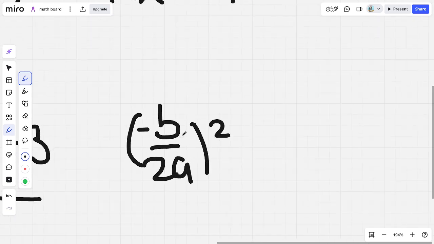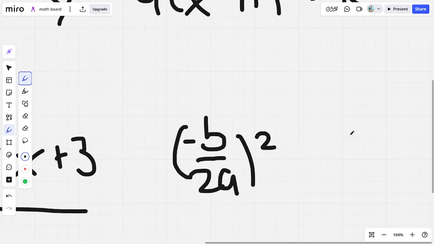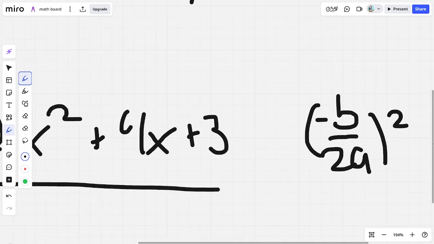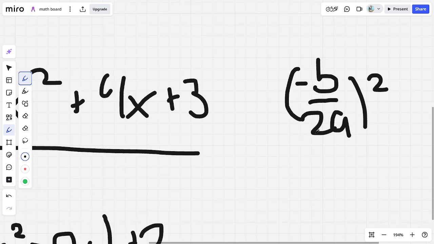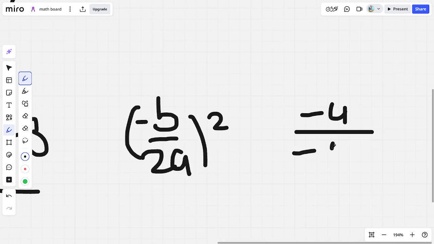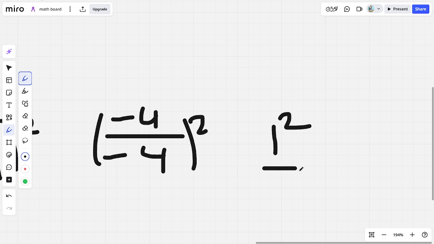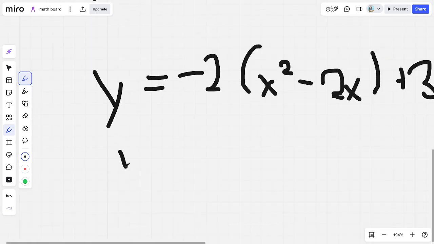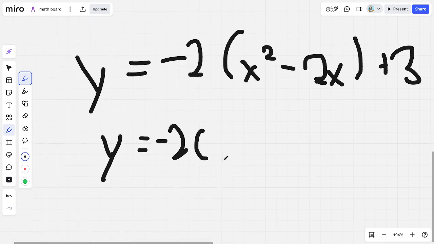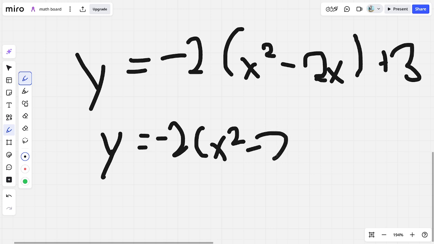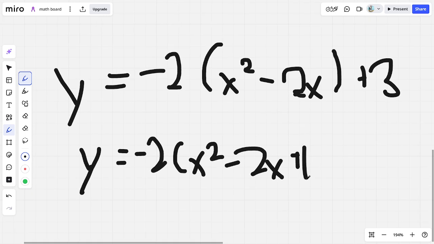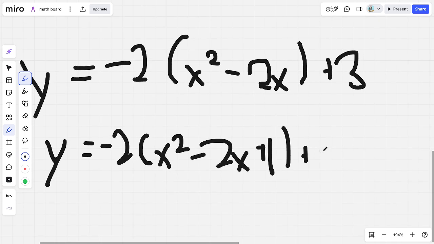We get plus 4, so it's going to be -4. -2 times -2, it's going to be -4, and that should just be 1 squared, and we get 1. So we will have to go ahead here and add 1, and here we add 2.